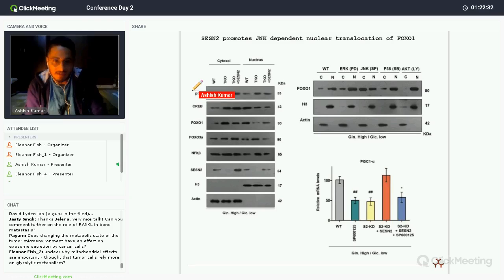So we analyzed that PGC1 alpha can be regulated transcriptionally by different transcriptional factors, and a few of them are these.